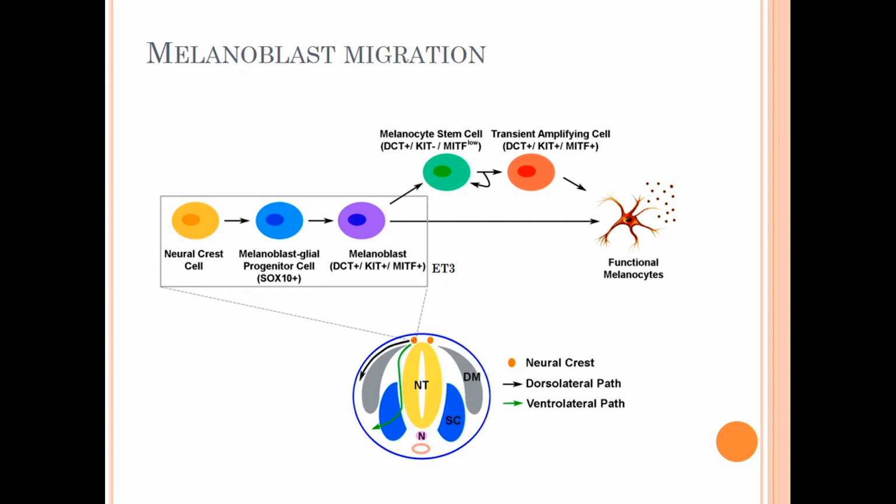These ligands act on the receptors found in those melanoblasts and regulate the process of migration into the melanin containing organs. The migration takes place through the dorsolateral pathway or else the ventrolateral pathway.